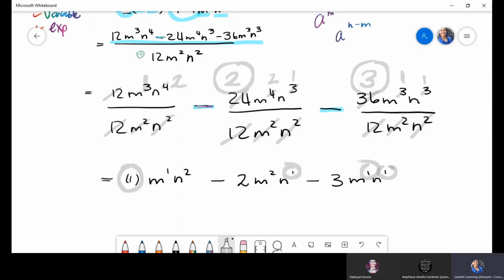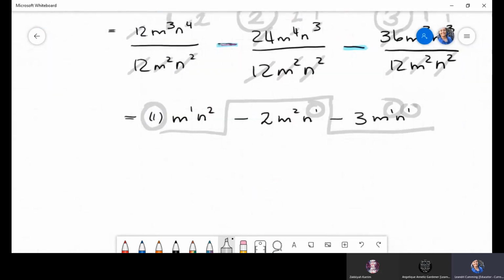It's just there to help me. Now, is any term here identical to the next? Here's one term, there's one term, there's one term. No, my powers are not identical. So my final answer: mn squared minus 2m squared n minus 3mn.